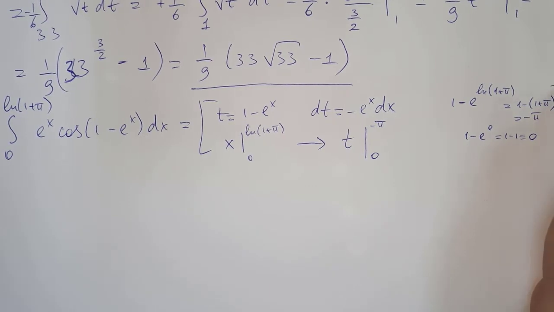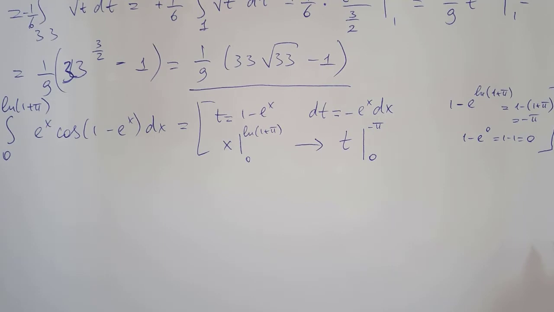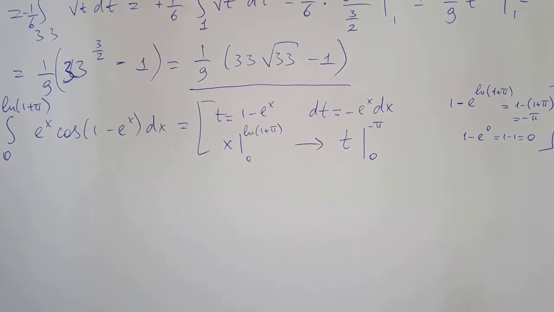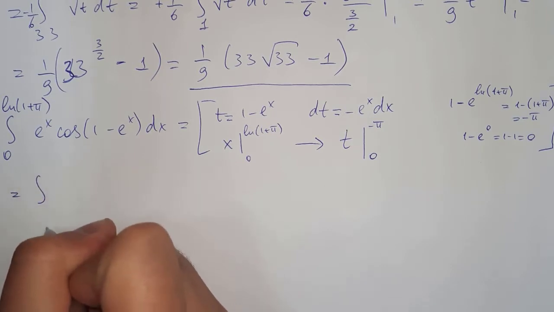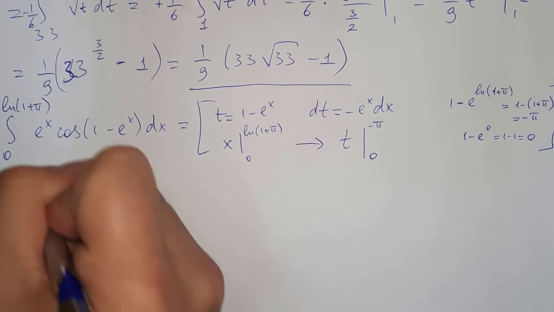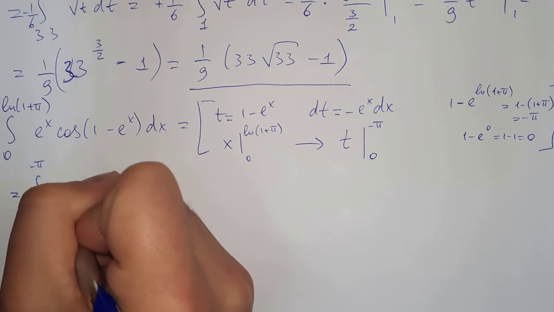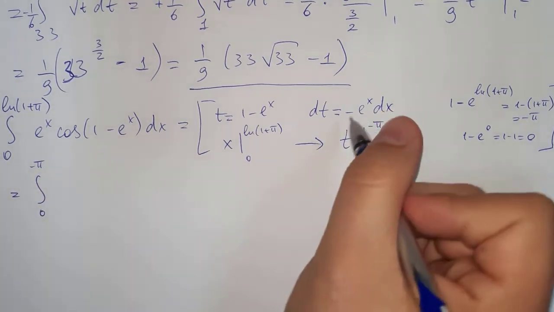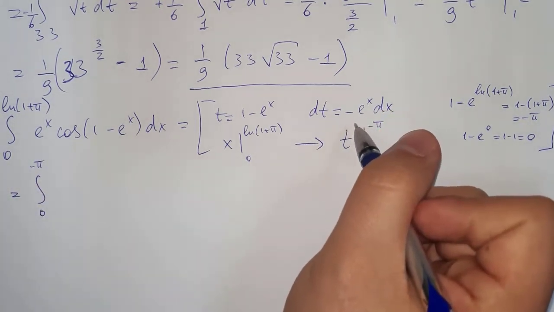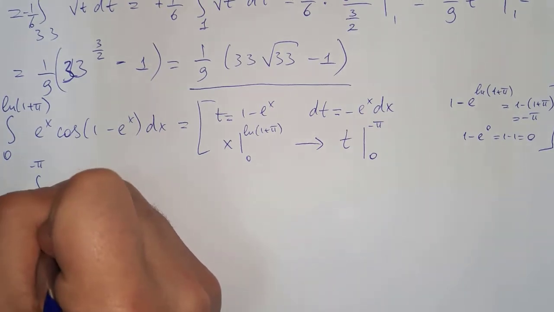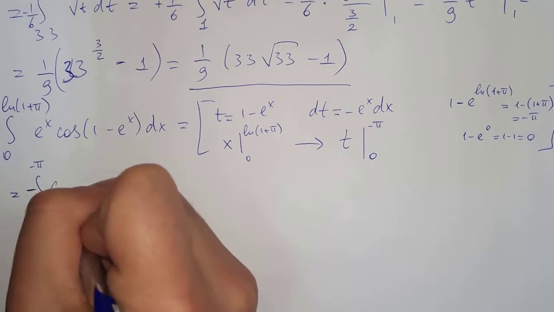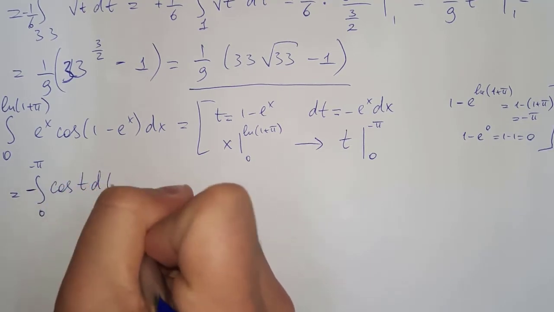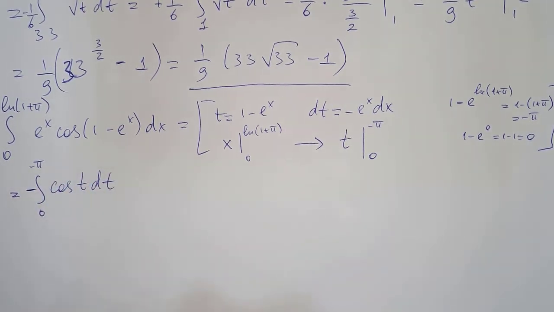Okay, now let's continue. What we have here is the integral from 0 till minus pi, and dt is minus e to the power of x dx. So we have here minus cosine t dt.